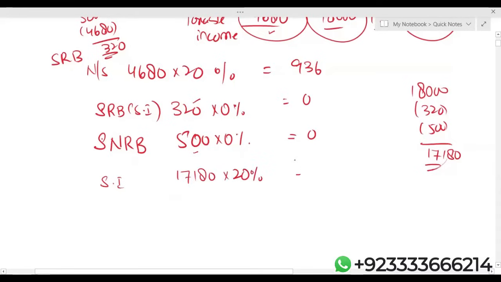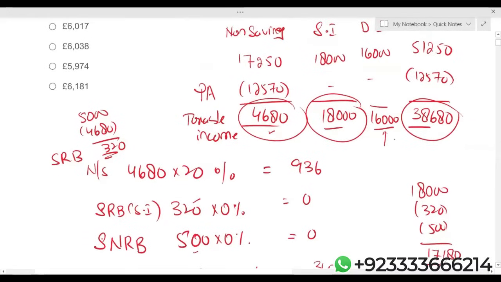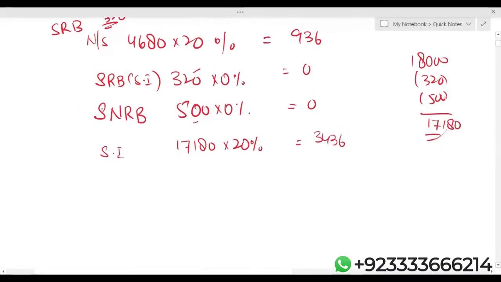The applicable rate is 20%, giving 3,436. Now, dividend income. In case of dividend income, every individual gets a nil rate band of £500 irrespective of their tax paying status. So the dividend nil rate band is £500 into 0%, which is obviously 0.